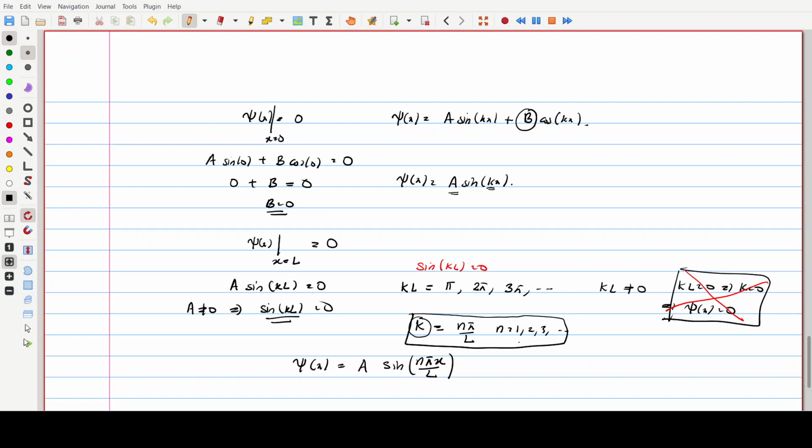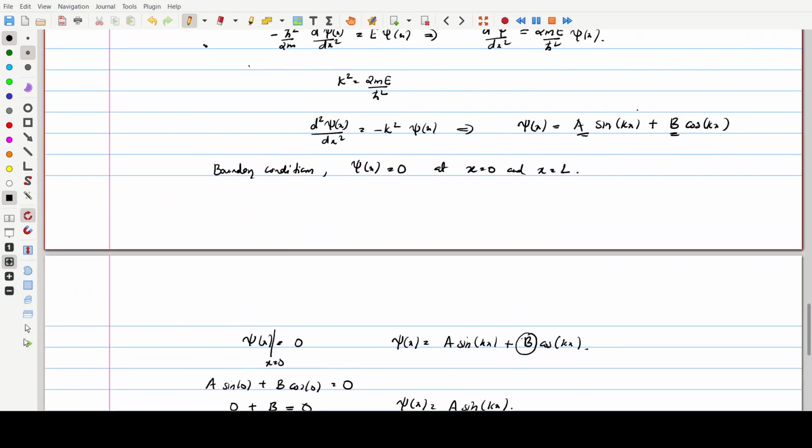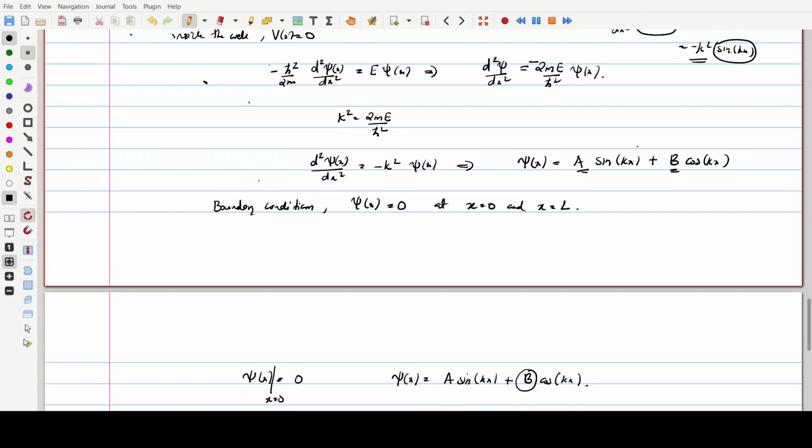Now there is a relation between k and energy. What was the relation we have discussed earlier? We have already shown that k square must be 2mE by h bar square, or E must be equal to h bar square k square by 2m. So we can use this result.